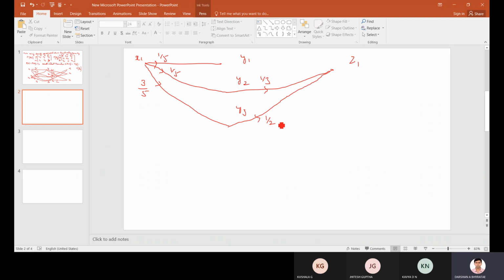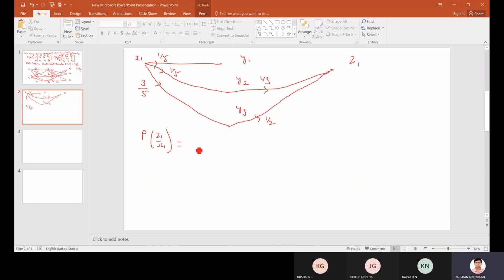This is the diagram for the connection between x1 and z1. First we determine P of z1 by x1, writing the probability wherever it is connected.